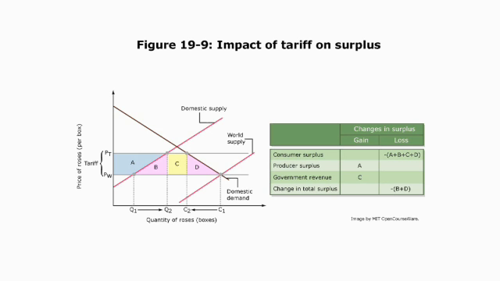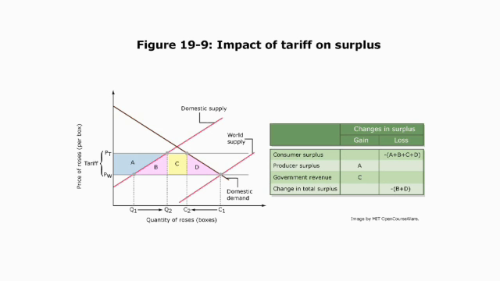Well, what you can see is domestic producers gained the trapezoid A. Their producer surplus, which used to be that little white triangle below A, became that entire triangle that includes A and the white part below it. So they gained A in producer surplus. But consumers lost a ton.